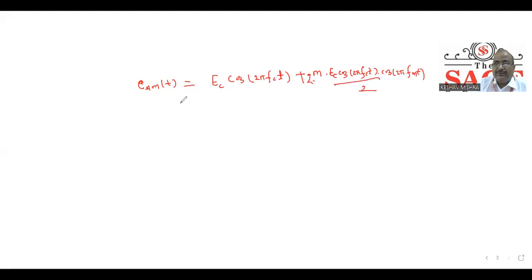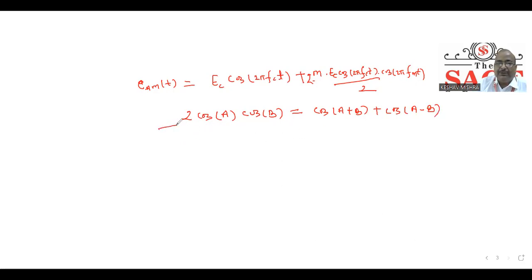Then we can use the trigonometric relationship cos A cos B equals half of cos (A plus B) plus cos (A minus B).